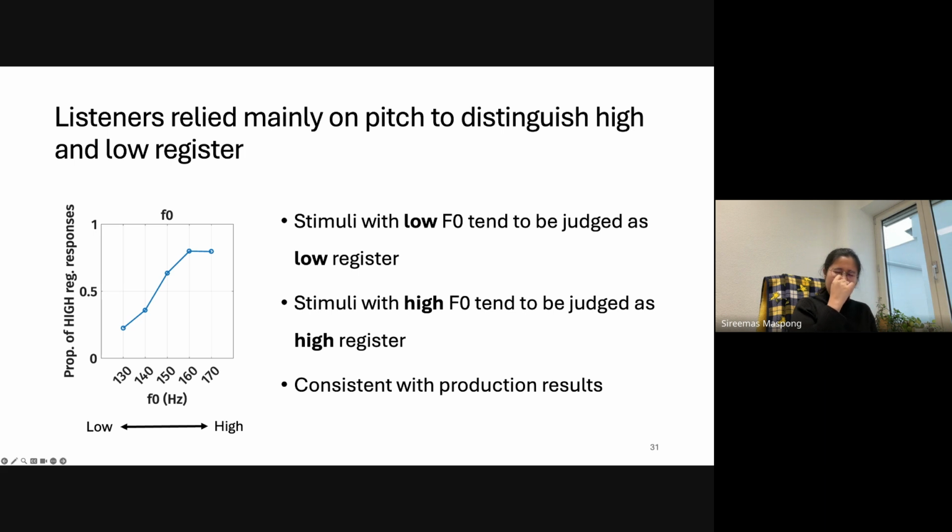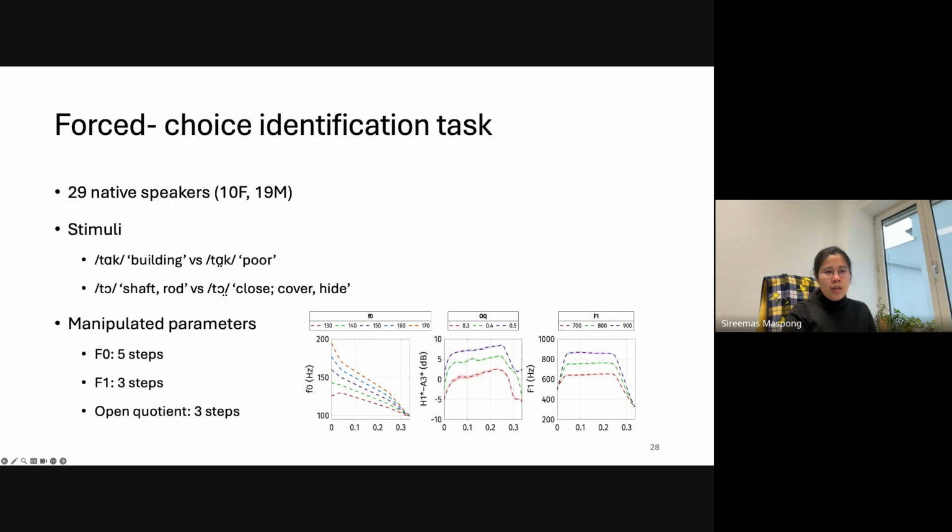But what we found as a difference is the back vowel, this one, which is also in our stimuli here. We see a small difference for this vowel, but we didn't see the difference on this vowel. But as we have said in our production study, we didn't control and balance all vowel qualities in a way that is systematic enough for us to conclude whether vowel actually plays a role systematically for register, or whether it is something else that has an effect on the vowel that makes it different across register.